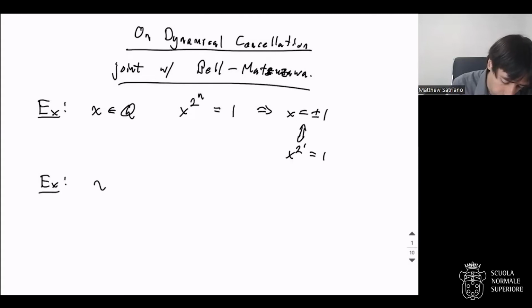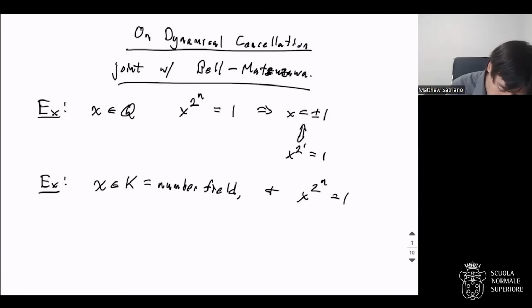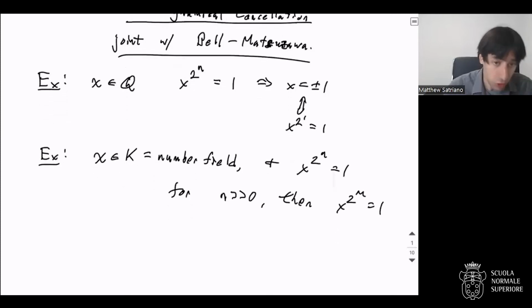If I give you x inside of K, which is a number field, and x to the 2 to the n is 1 for n sufficiently large, then we also know that x to the 2 to the m is 1, where m is just some fixed number that depends on the number field.